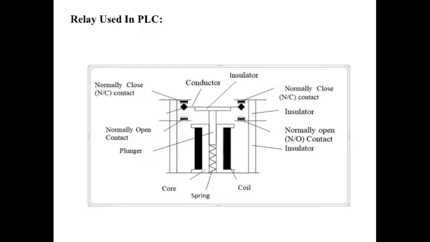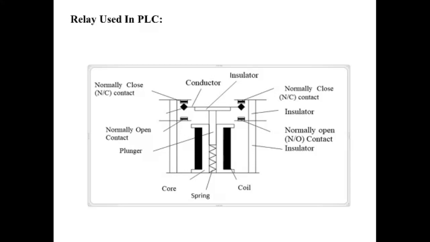Likewise, the movable contacts are not connected to the lower fixed contact pair when the relay coil is de-energized, and these fixed contacts are referred to as the normally open contacts. Normally open contacts are said to be off when the coil is de-energized and on when the coil is energized. Normally closed contacts are on when the coil is de-energized and off when the coil is energized.